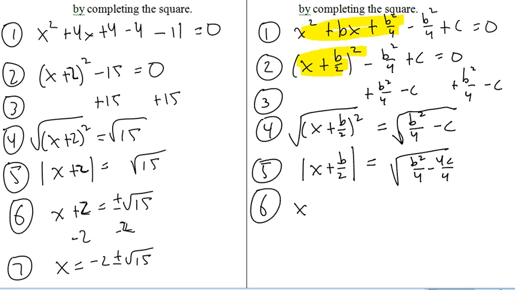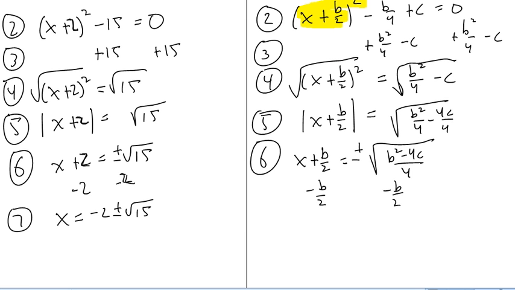So number 6, x plus b over 2 is going to equal plus or minus the square root of b squared minus 4c over 4. And now I'm going to subtract b over 2 from both sides.